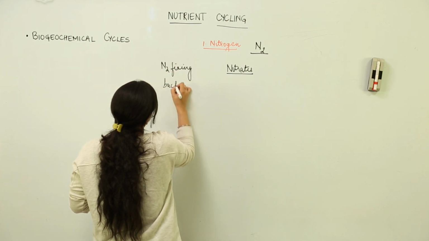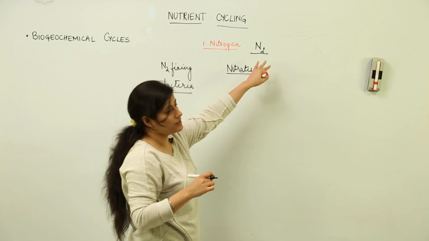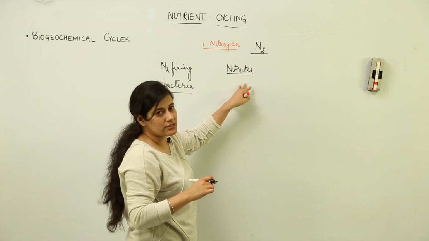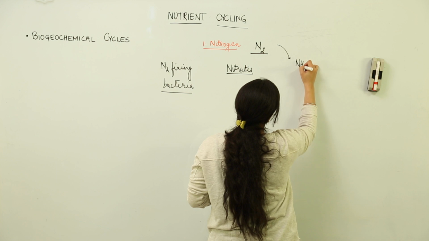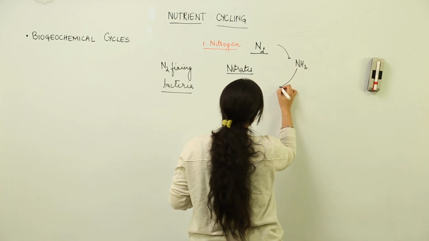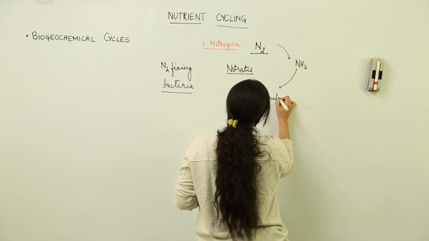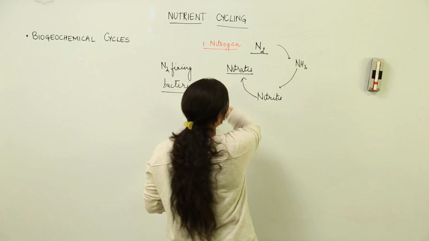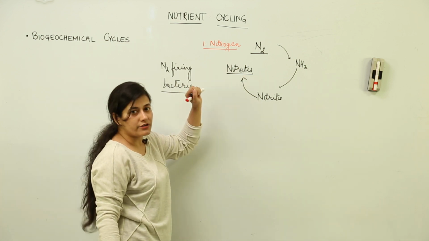From your knowledge of chemistry, you know that it is not easy to convert N2 to nitrates. It has to first be converted to ammonia by ammonification. Then this ammonia is converted to nitrites, and then to nitrates. So this entire process is part of nitrogen cycling.